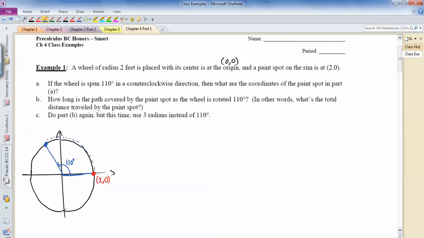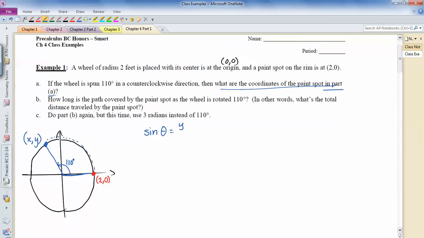Okay, so the first question is, what are the coordinates of the paint spot? It is part A. All right, so this is x, y. We need to figure out what x, y is. And remember that we can use trig now to help us. If I know what theta is, which I do, it's 110, but let me write out the definition of sine theta.